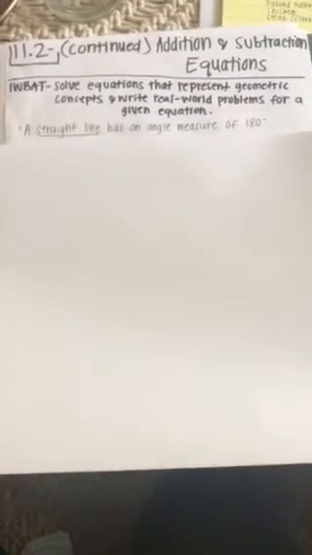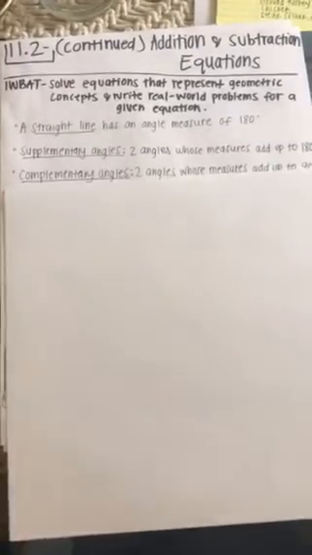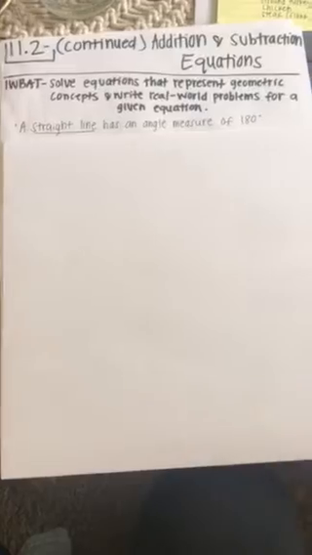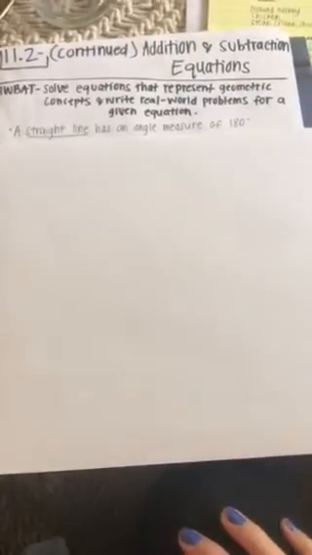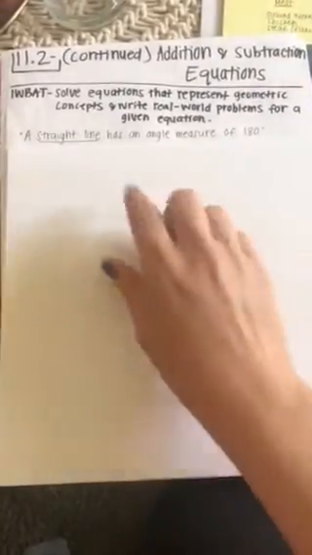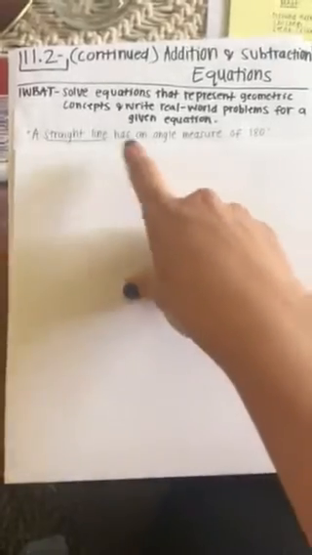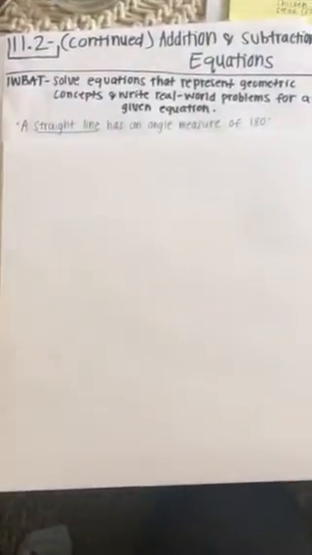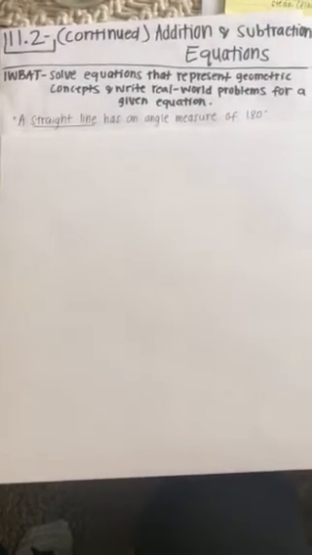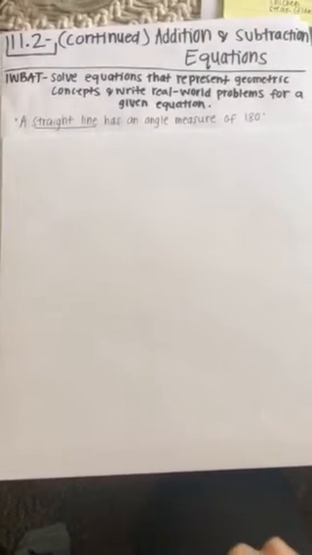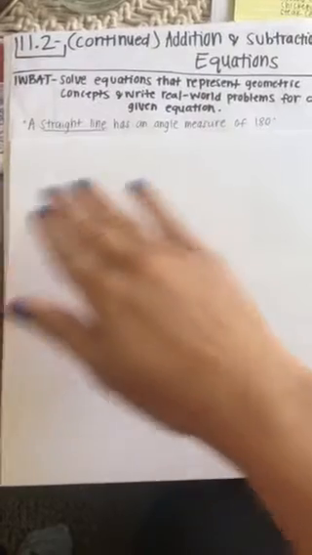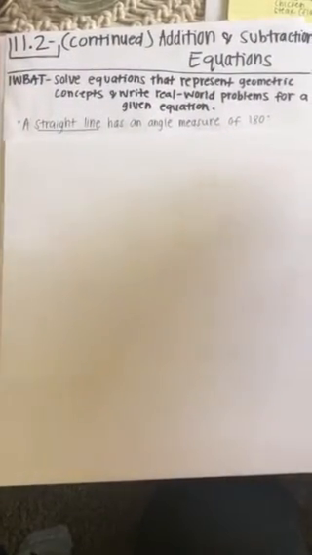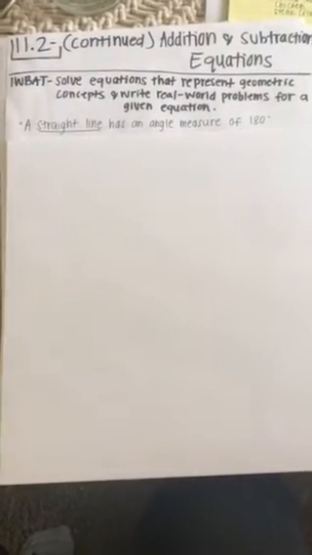I have 3 definitions here, or 3 points to help you. You are not expected to memorize these right away, but you can go back to your notes when you come to these problems. The first one says a straight line has an angle measure of 180 degrees. So anytime you see a straight line, the way they measure angles is by degree.